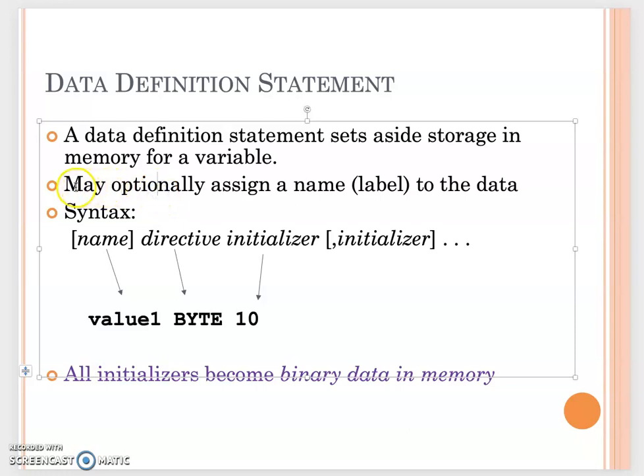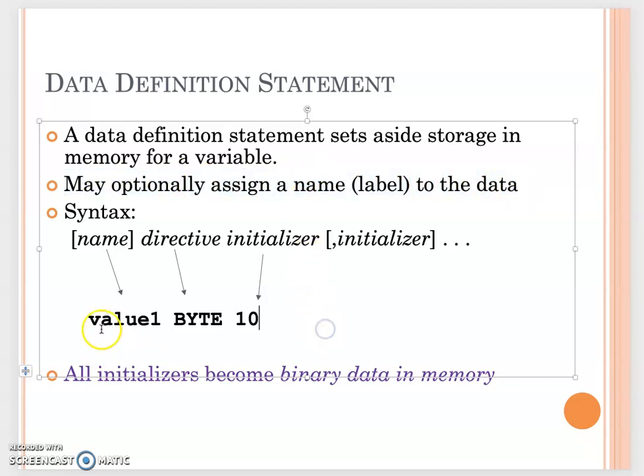The name label is optional. Later we will show you that sometimes you want to have only one name at the beginning of the data, followed by many values, like an array. Then in each line, you don't have to always give them a name label. So the name is optional for your data definition. Later we will show you when we do the array declaration.